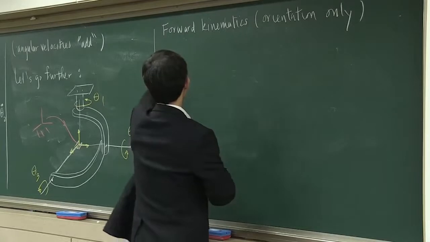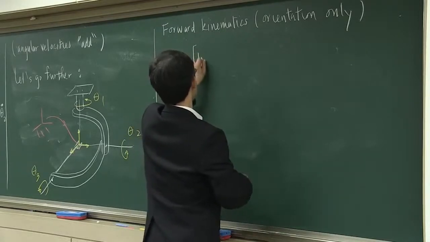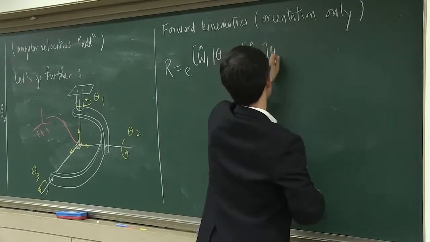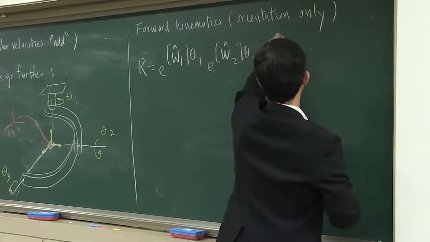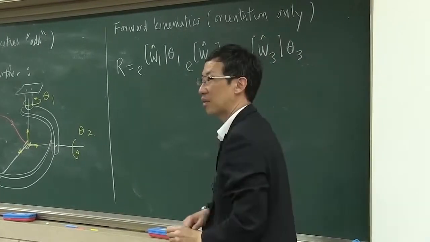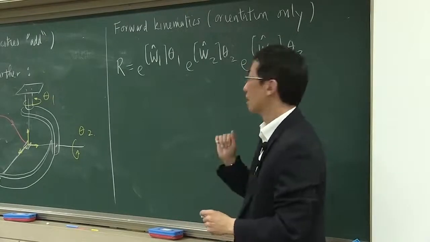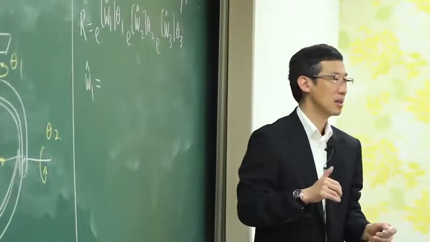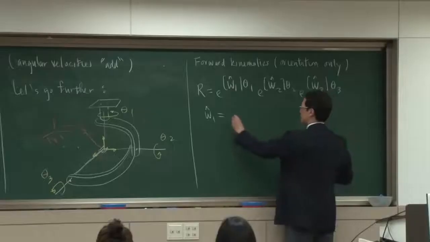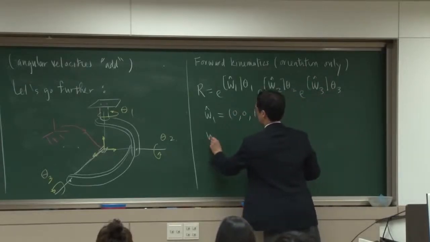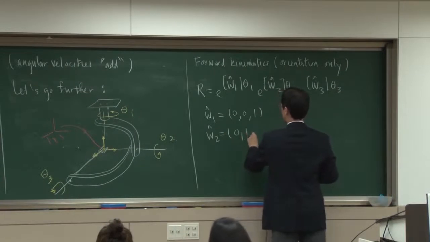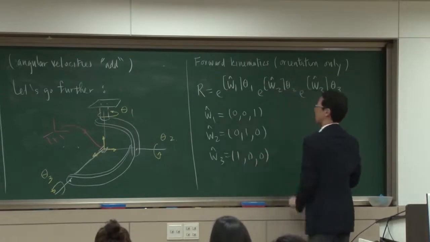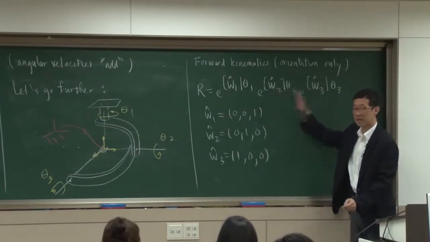So R is, as you know, e to the omega 1 theta 1, e to the omega 2 theta 2, e to the omega 3 theta 3. Okay, we know it can be written that way. What's omega 1? That's the z-axis, so it's just 0, 0, 1. Omega 2, the y-axis, 0, 1, 0. Finally, omega 3 is the x-axis, so it's 1, 0, 0. So put all these in there. That gives us the forward kinematics.